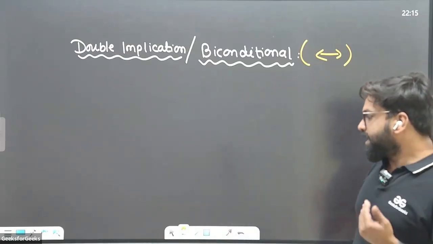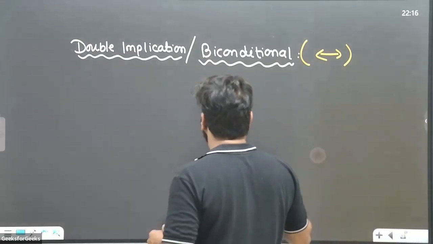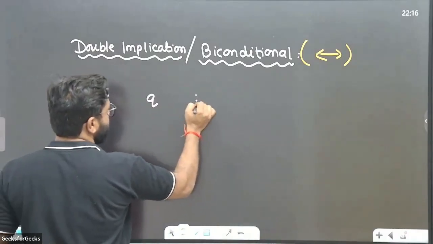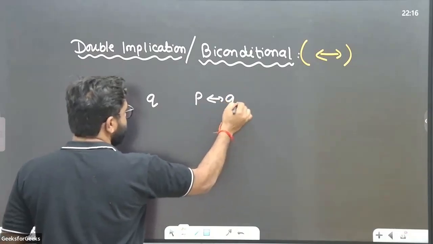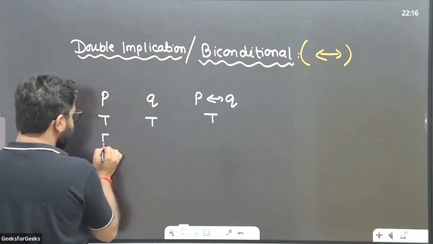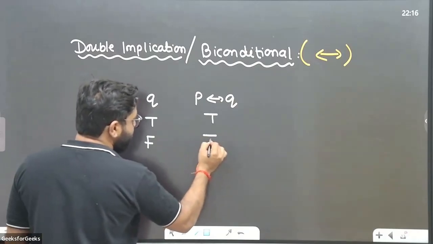Whenever you have P double implication Q, it means if this is true, then only this will become true. If this is false, then only it will become true.